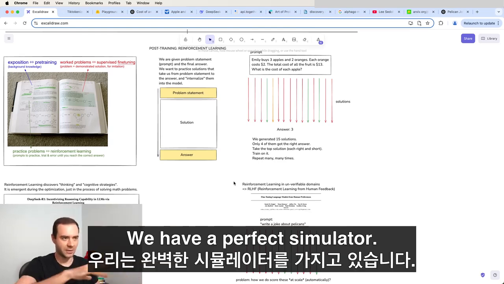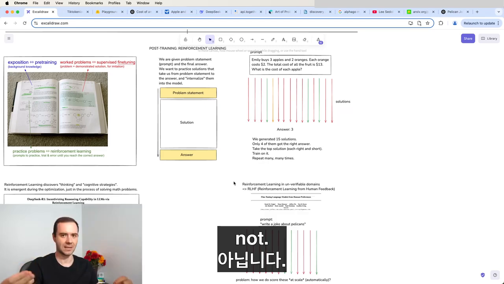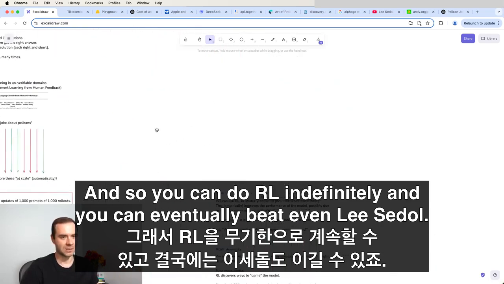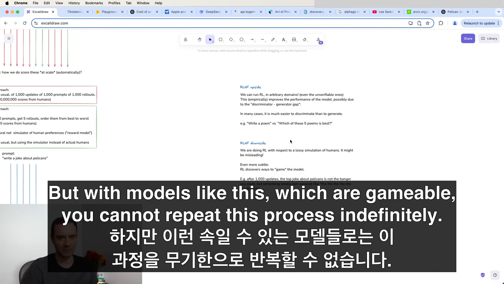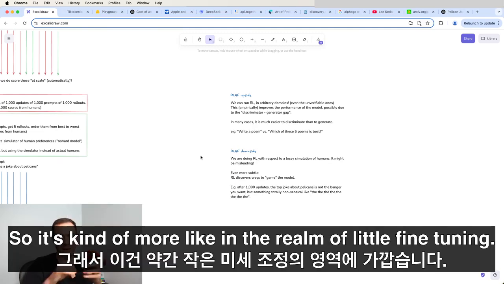We know where all the stones are placed, and we can calculate whether someone has won or not. There's no way to game that. And so you can do RL indefinitely, and you can eventually beat even Lee Sedol. But with models like this, which are gameable, you cannot repeat this process indefinitely. So I see RLHF as not real RL because the reward function is gameable. It's more in the realm of little fine-tuning.